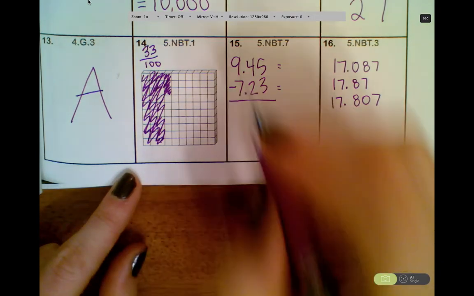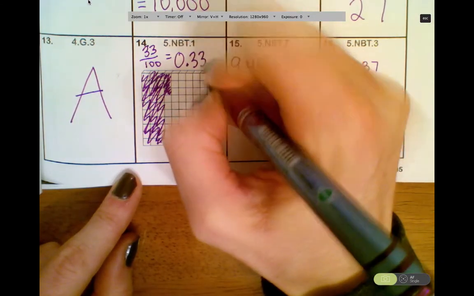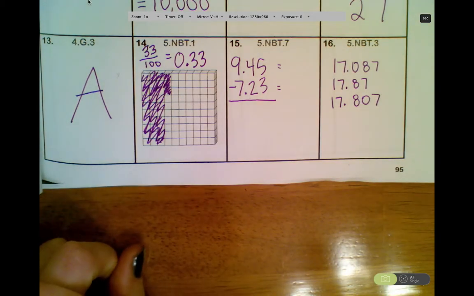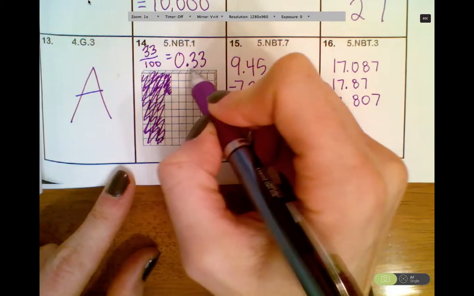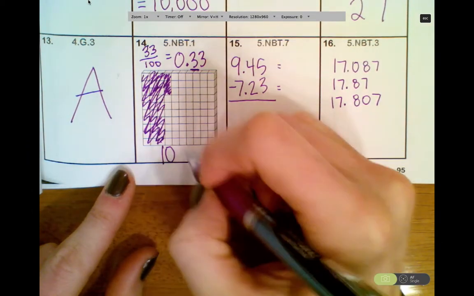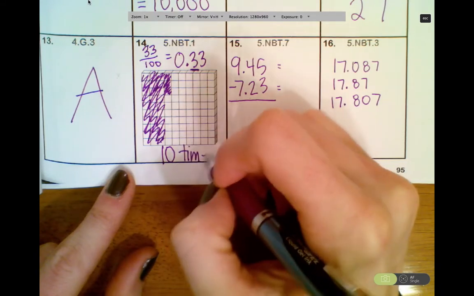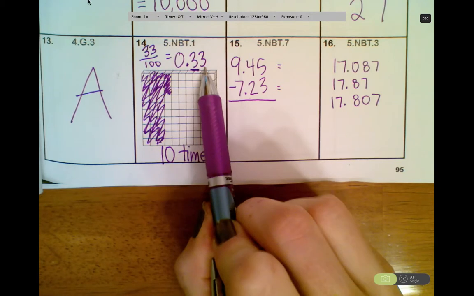To write this fraction as a decimal, I would write 0 and 33 hundredths. In the decimal, the value of the digit in the tenths place is 10 times as much as the value of the digit in the hundredths place.